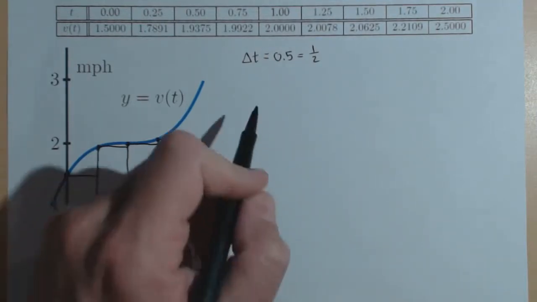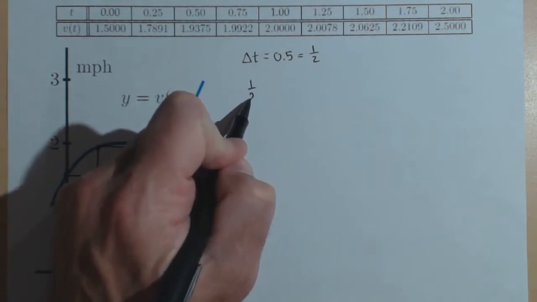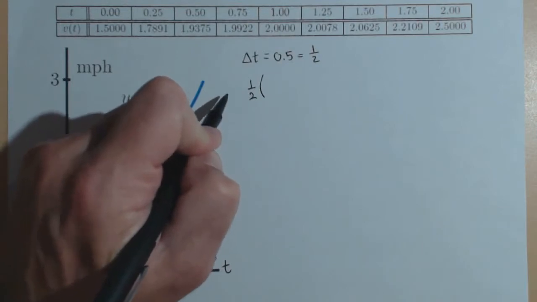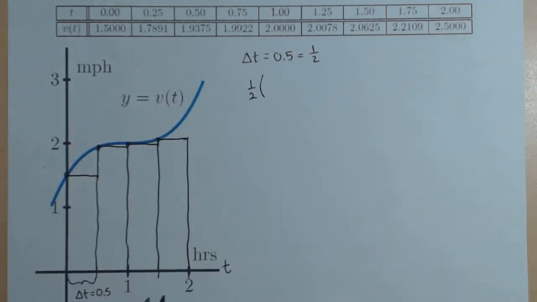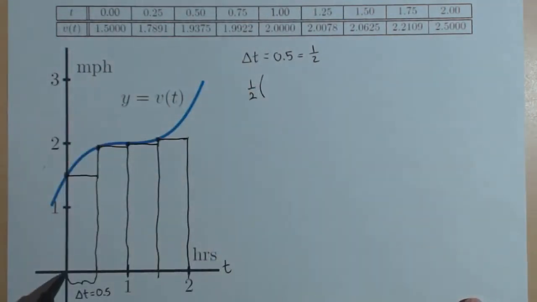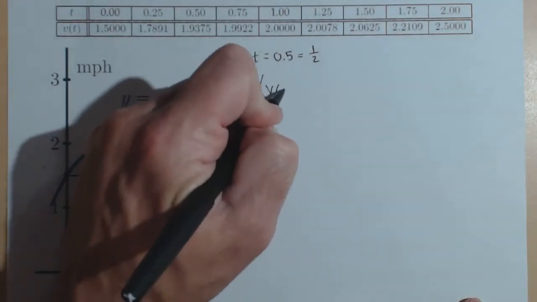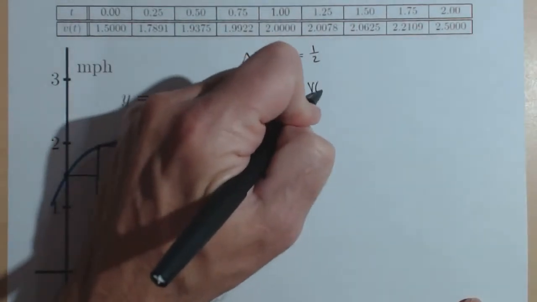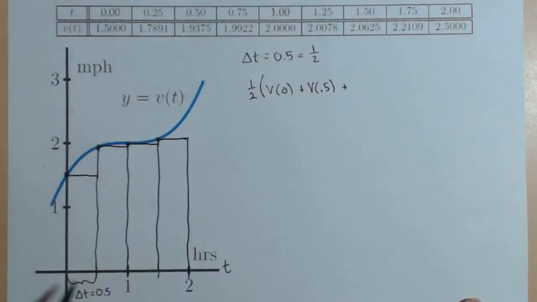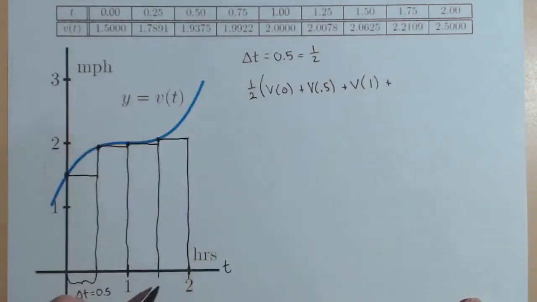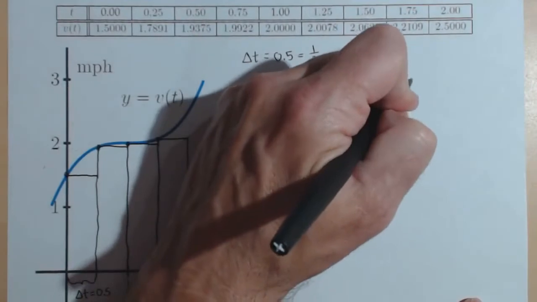I've got a delta t of 1/2, which is the width of all 4 rectangles. Instead of multiplying each of them by 1/2, I'm going to use parentheses so the 1/2 gets distributed. So what I need is v of 0 plus v of 0.5 plus v of 1 plus v of 1.5.